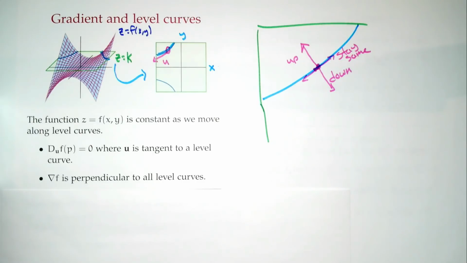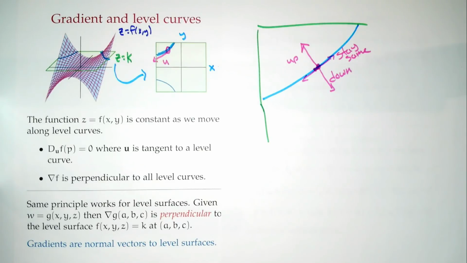Now, we're not going to use this too much for functions of two variables, but here's the thing. The same idea and process works for any number of variables at all. And so we can do the following. Instead of thinking about level curves, we can start thinking about level surfaces.